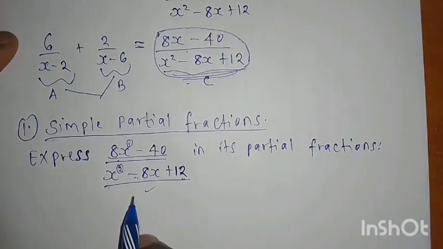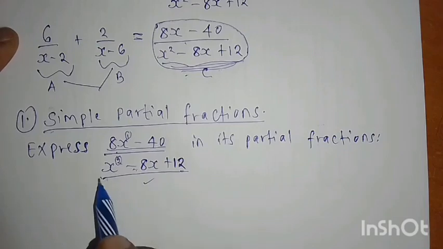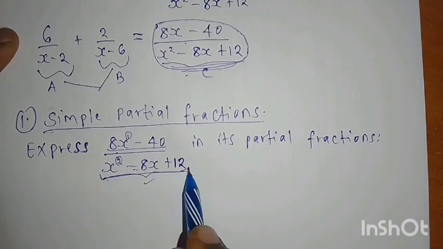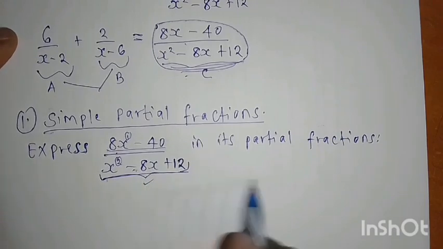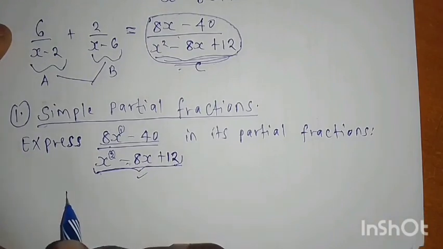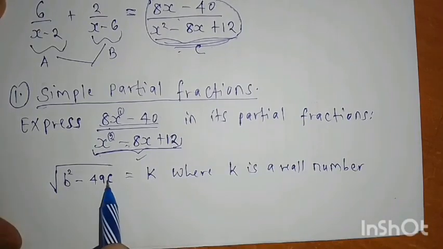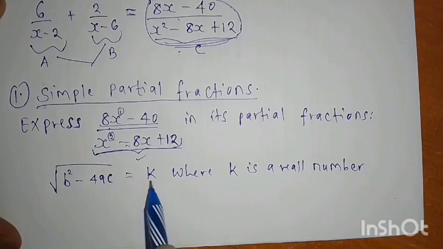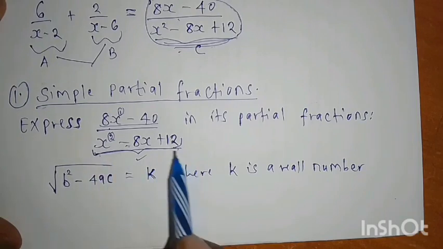The second factor that you should consider is to check whether the expression in the denominator is factorizable or not. The test for whether it is factorizable is by taking b squared minus 4ac to be k. If it gives you k, which is a real number, then it means that the expression is factorizable.